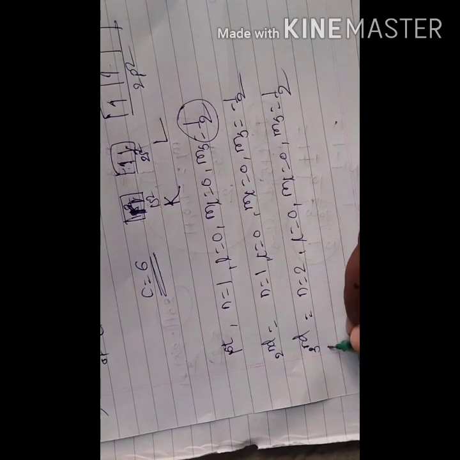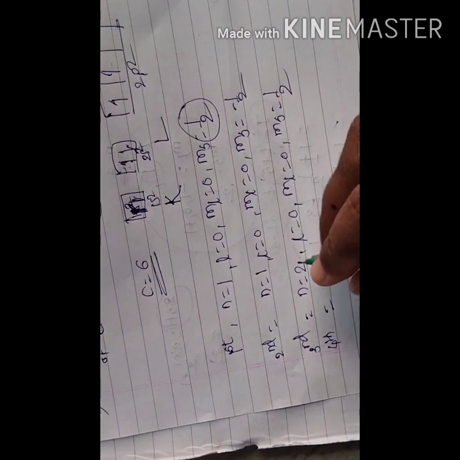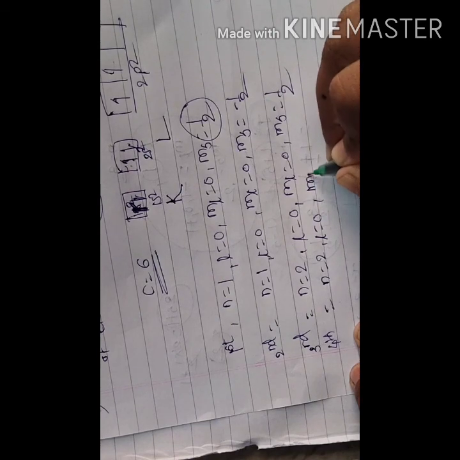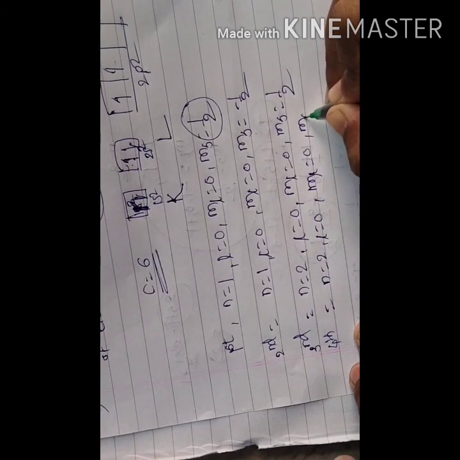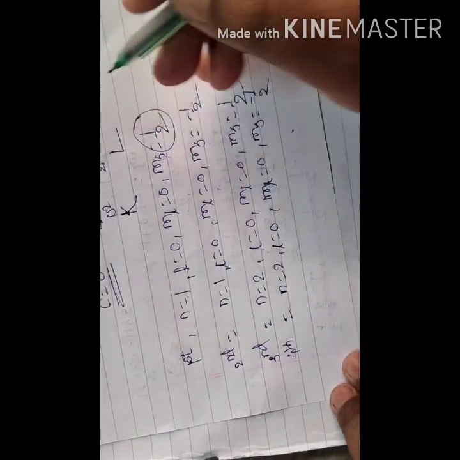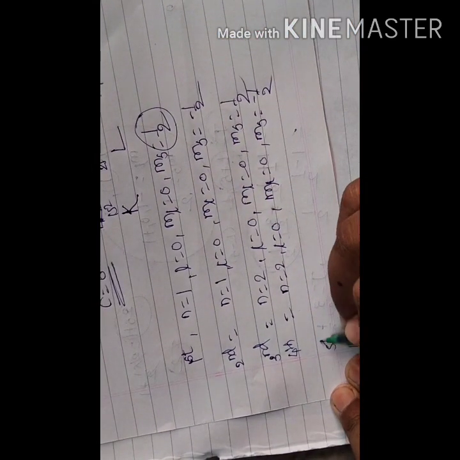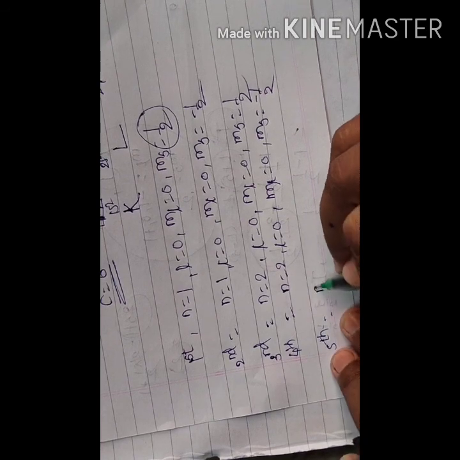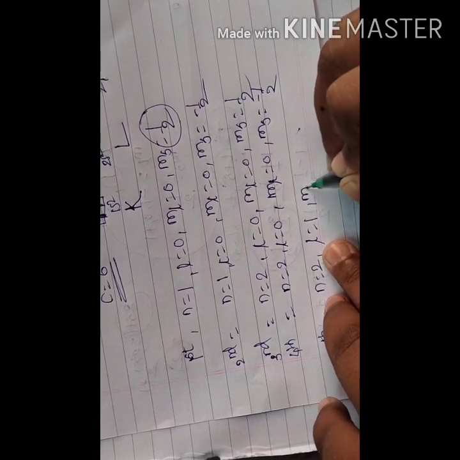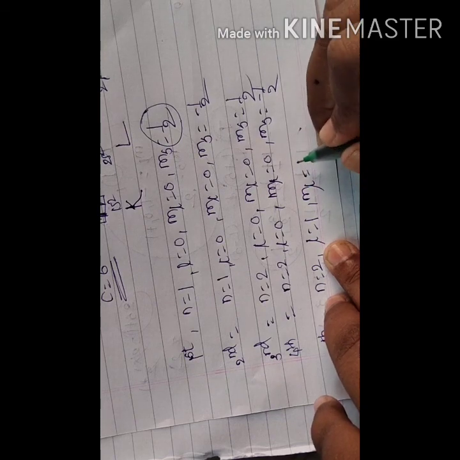Fourth electron, n is equal to 2, L is equal to 0, ml is equal to 0, but spin down. So that's why minus half. Then we have to write for the fifth electron. n is equal to 2, but L is equal to 1, ml is what?